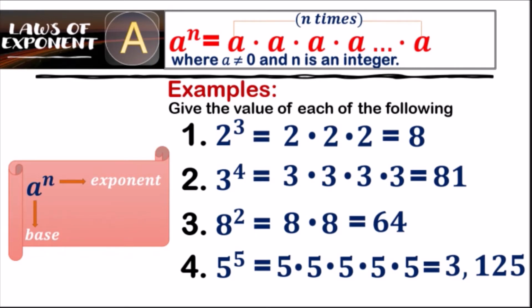The value of 5 raised to 5 is equal to 3,125. In this law, just simply remember that the exponent will tell how many times we are going to multiply the base by itself.